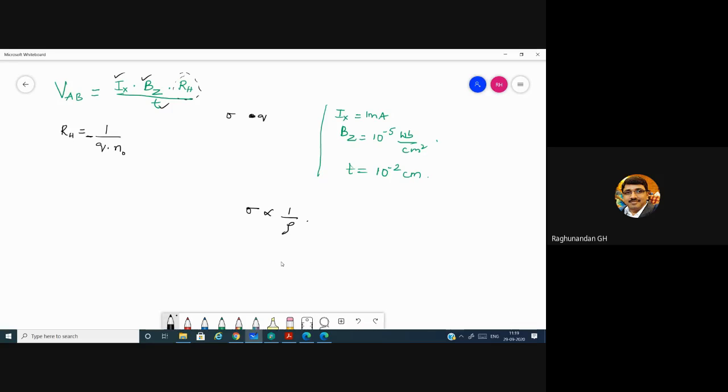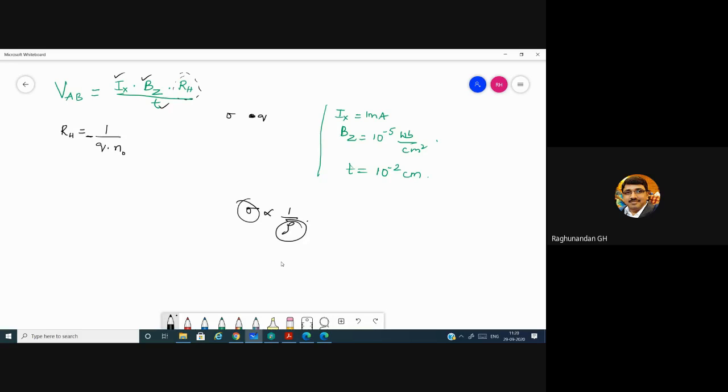Have you seen anywhere that resistance is negative? Has anybody told you minus 10 kilo ohm? Conductivity or resistivity can never be negative, because both of them only tell the values.